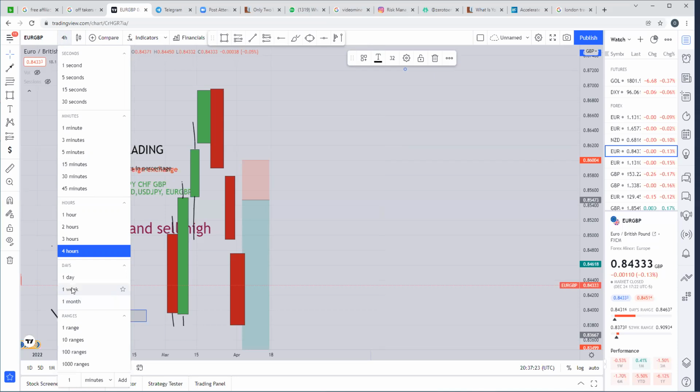We have 1 week, 1 day, 4 hours, 3 hours, 2 hours, 1 hour. On the MT4, you may not see 2 hours and 3 hours. You're going to see 1 month, 1 week, 1 day, 4 hours, 1 hour, 30 minutes, 15 minutes, 5 minutes, and 1 minute. But TradingView gives us the opportunity to see 3 minutes, 45 minutes, 2 hours, 3 hours, and ranges. So what are time frames?